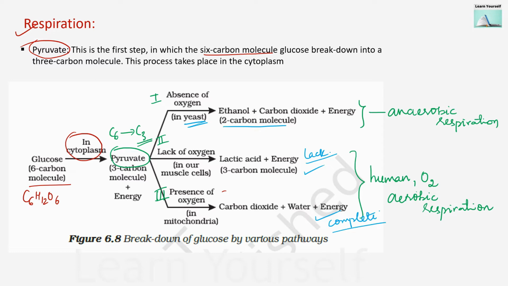So these are the differences. When pyruvate, the 3 carbon molecule, is further burned, it gives energy. So there is anaerobic respiration and aerobic respiration, and under aerobic respiration there are 2 types of processes, with a limited amount of oxygen and with a complete amount of oxygen.